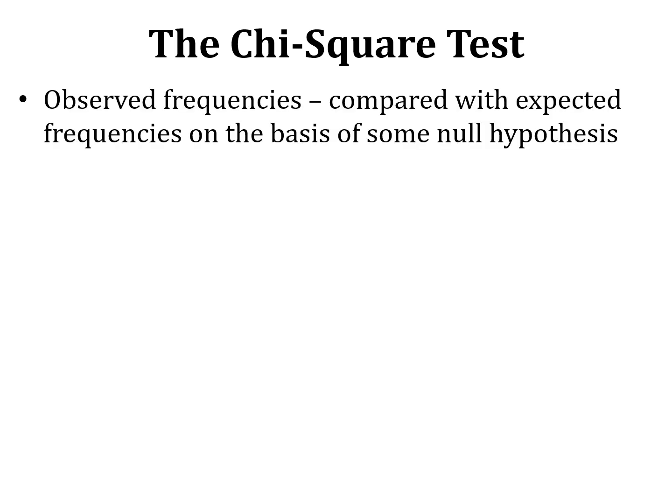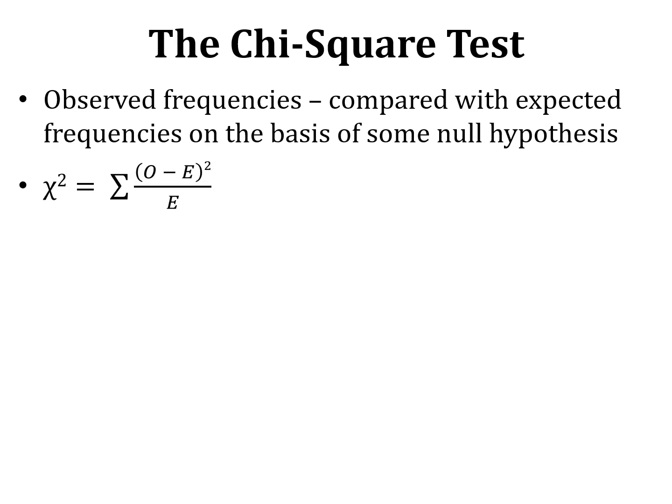In the chi-square test, the observed frequencies are compared with expected frequencies on the basis of some null hypothesis. You have your observed frequencies that you have taken after your sampling or experiments, and they are compared with some expected frequencies based on a model which you built according to the null hypothesis of the experiment.